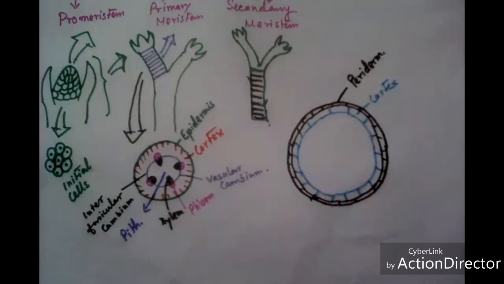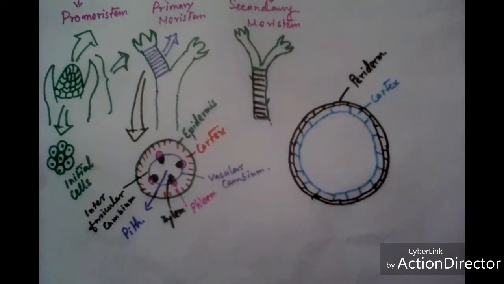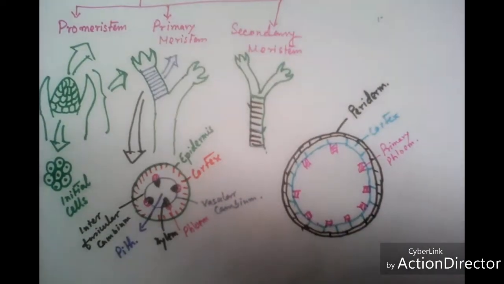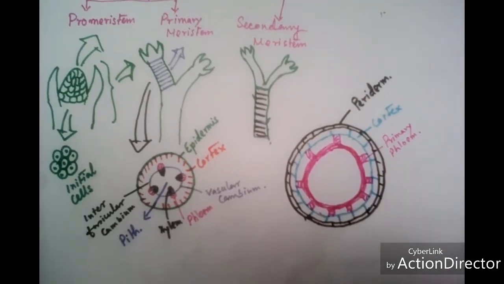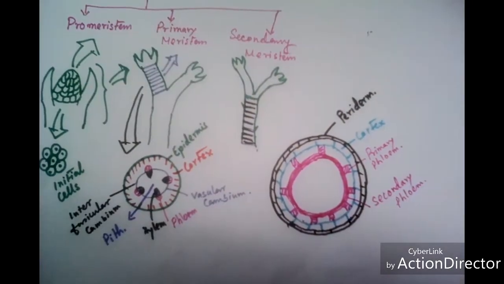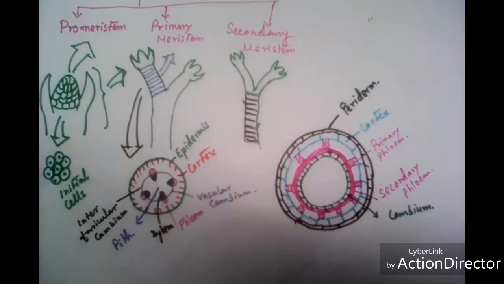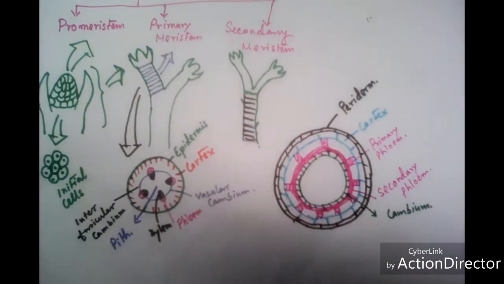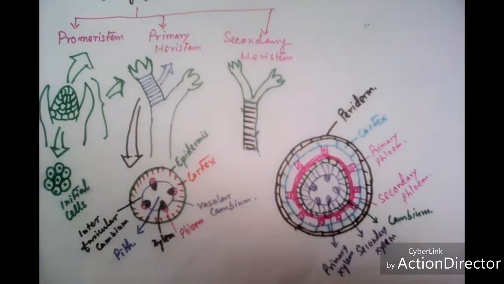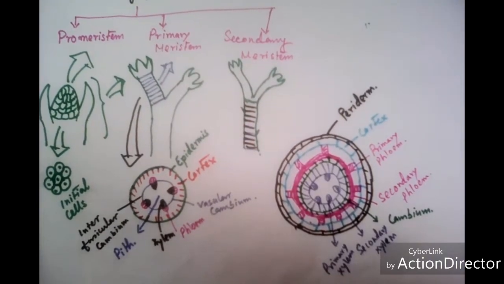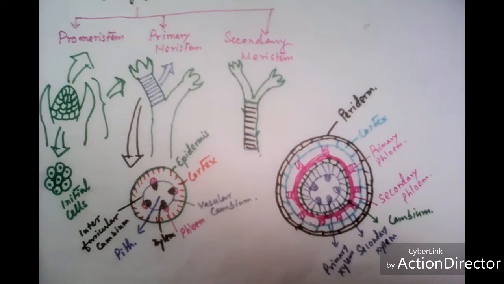So after the cortex, primary phloem is present. Next to primary phloem, secondary phloem is present. On the inner side of the secondary phloem, the cambium ring is present. Then secondary xylem and primary xylem are present, and finally on the innermost side, pith is present.